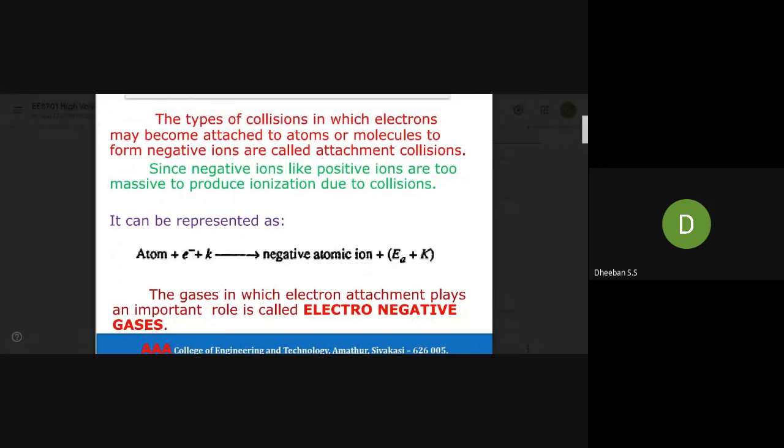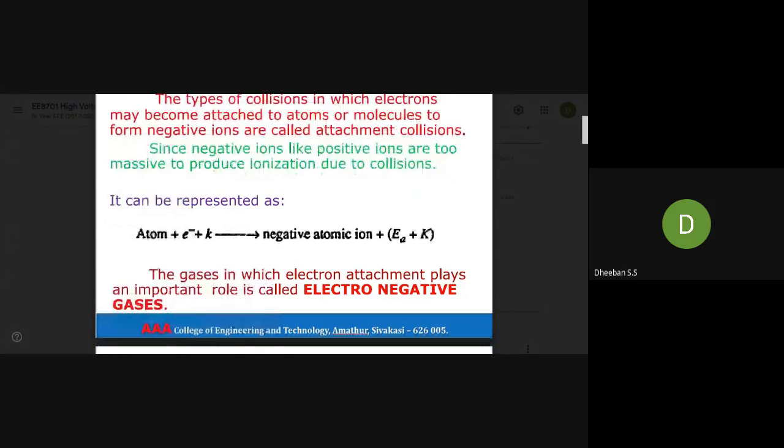Again, you have to go to your chemistry. In your periodic table, you can see the electronegative gases are separately grouped under the halogen elements. A highly electronegative element you can take as fluorine. With respect to that, we'll be studying.